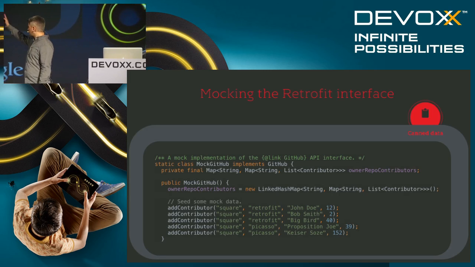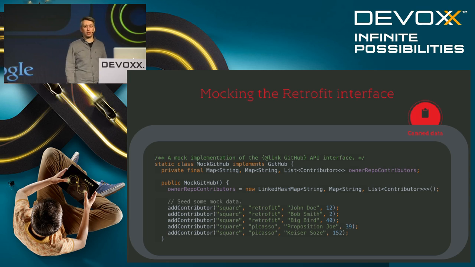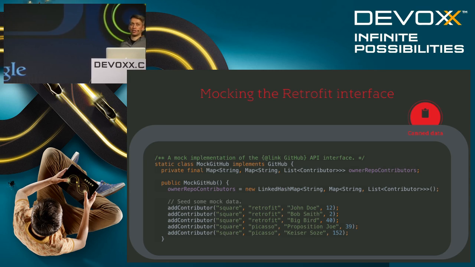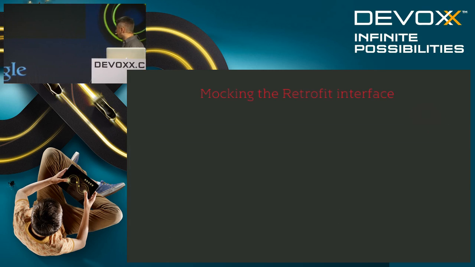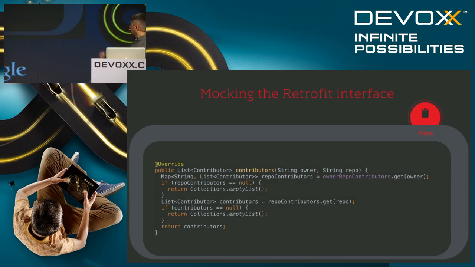You say, I'm going to write a mock implementation. I implement my GitHub interface. You see, I'm making some stub data. And then the gist of the story is you implement the method to get your list of contributors.